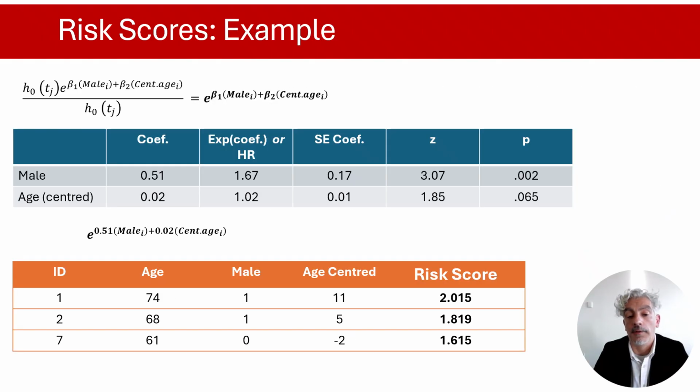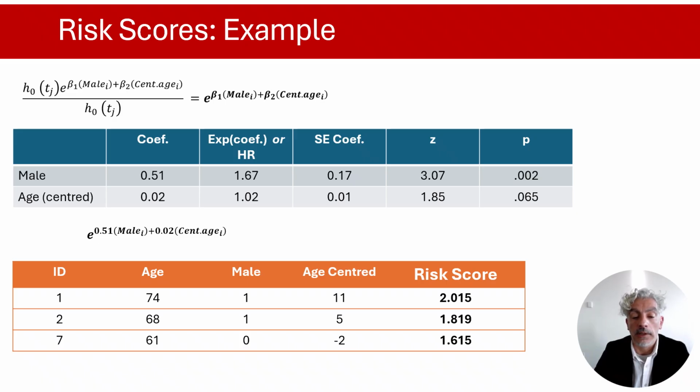And here, after the equations, I also provide a practical example using the lung cancer data set. Again, you can follow this if you look at the scripts I have prepared with these resources. So the results of the Cox regression model are in the table on top. So we see that we have coefficients for male and age.